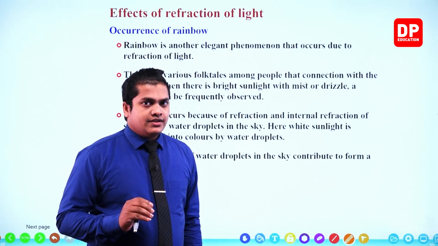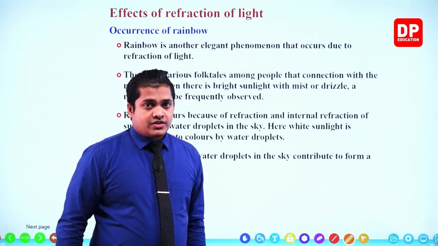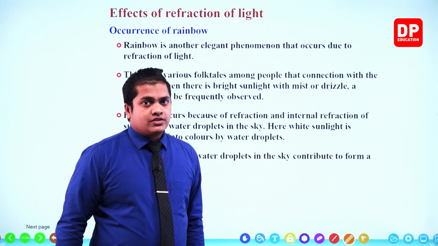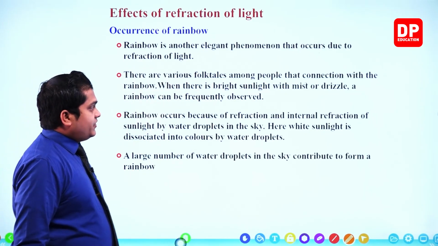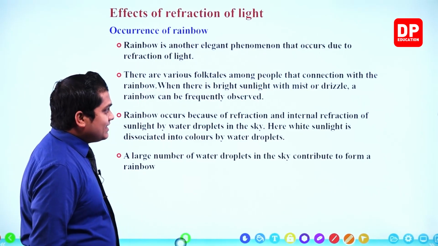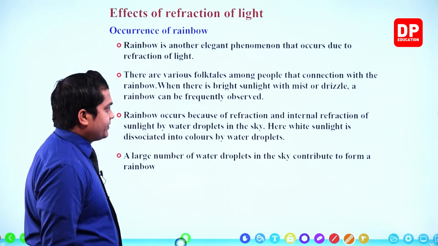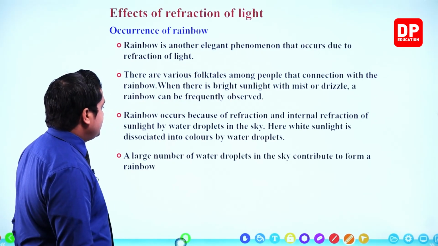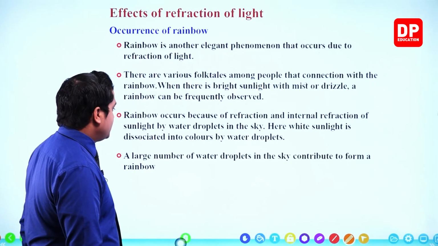Dispersion of white light when passing through water droplets. That's the main reason for the occurrence of a rainbow, right? Rainbow occurs because of the refraction and internal refraction of sunlight by water droplets in the sky. Here, white sunlight is dissociated into colors by water droplets.